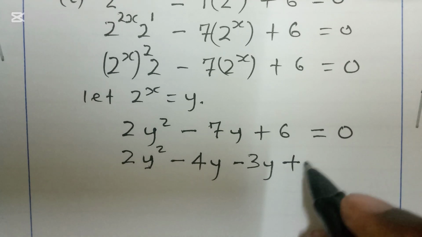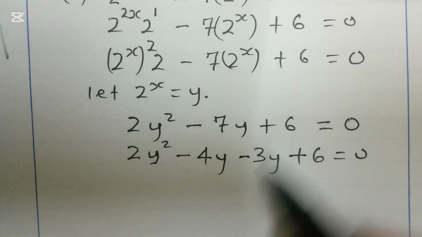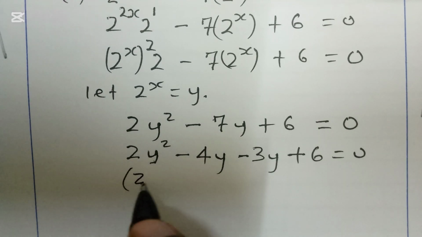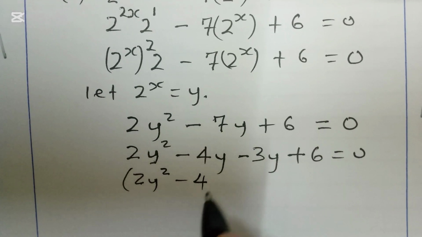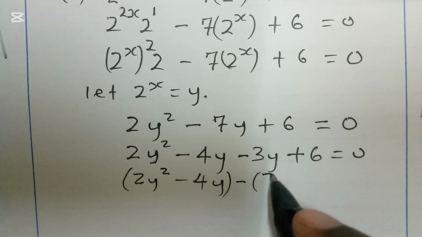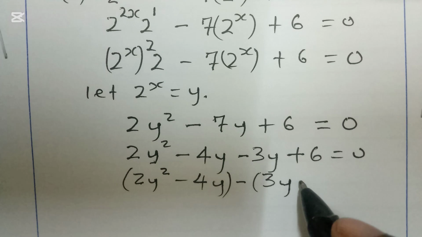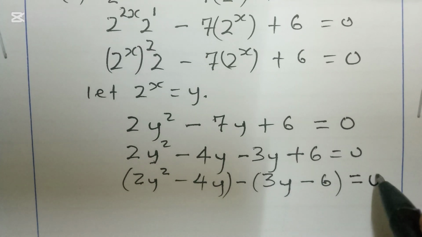Then here we have plus 6 equals 0. So therefore we can now write 2y squared minus 4y, minus, I put another bracket here, 3y, then this one changes to negative, equals now to 0.